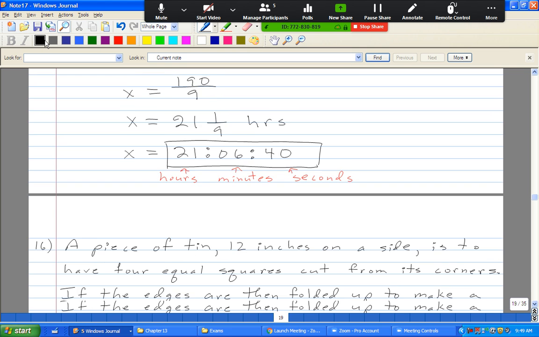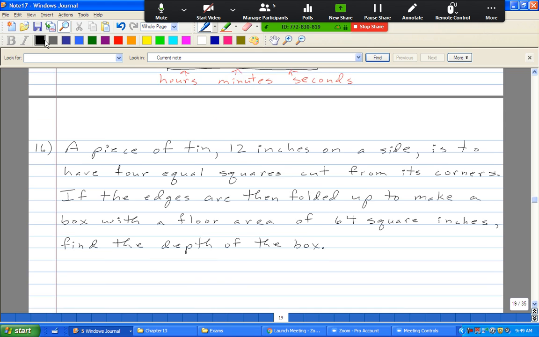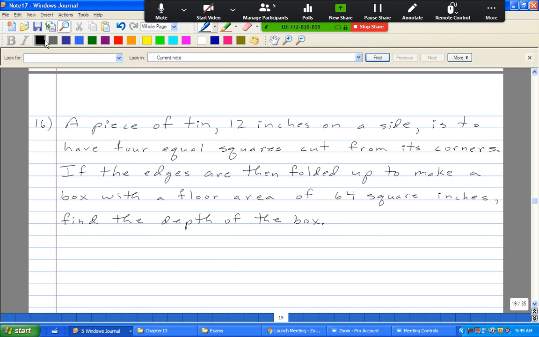Okay, so let me do problem number 16. A piece of cardboard 12 inches on a side is to have 4 equal squares cut from its corners. If the edges are then folded up to make a box with a floor area of 64 square inches, find the depth of the box.